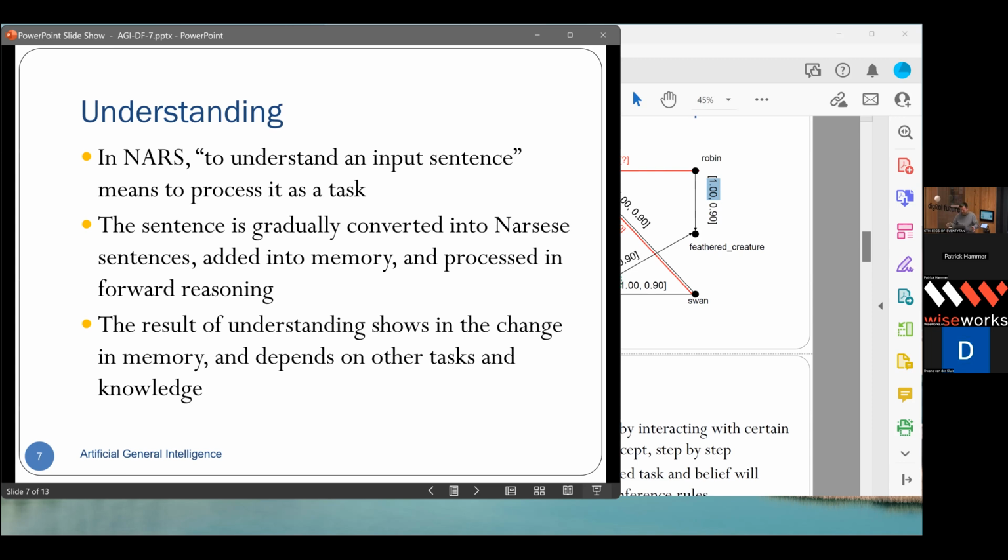Okay, and you see, I hope at least you can understand the difference between this approach and the other approach, which you typically find in textbooks about natural language understanding.